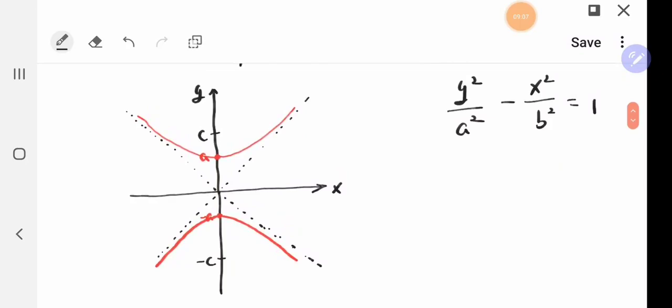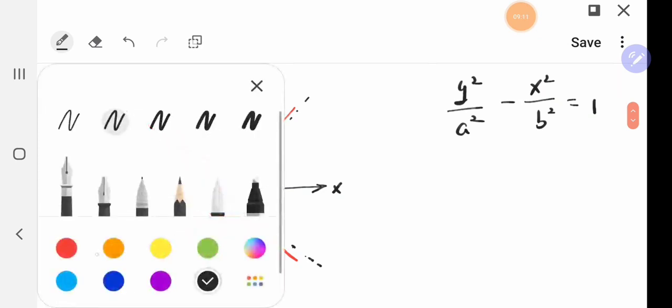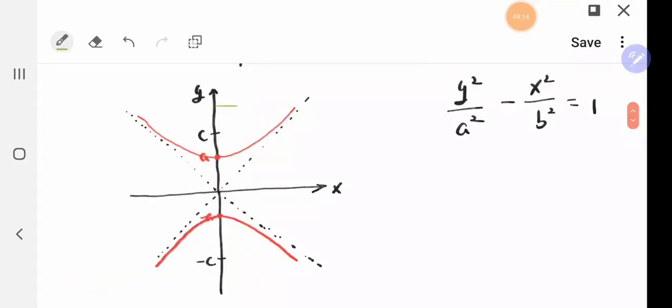Then the transverse axis should now be y. The y-axis will be the transverse axis because the vertices a and negative a lie on the y-axis. Okay, there are two asymptotes.